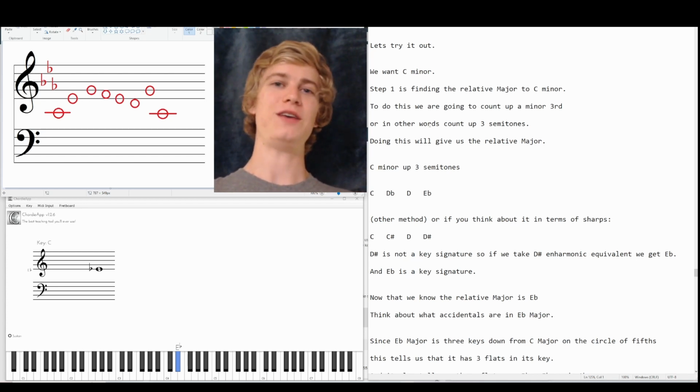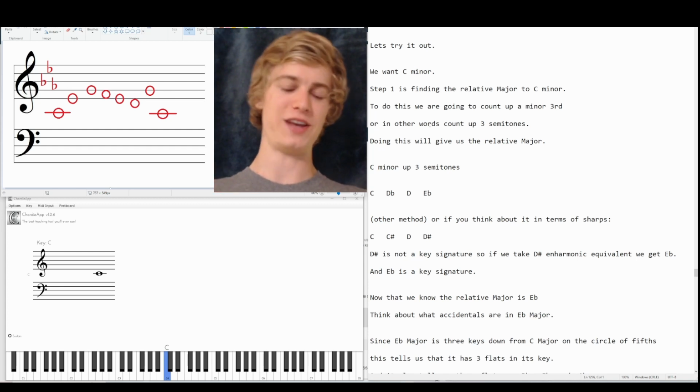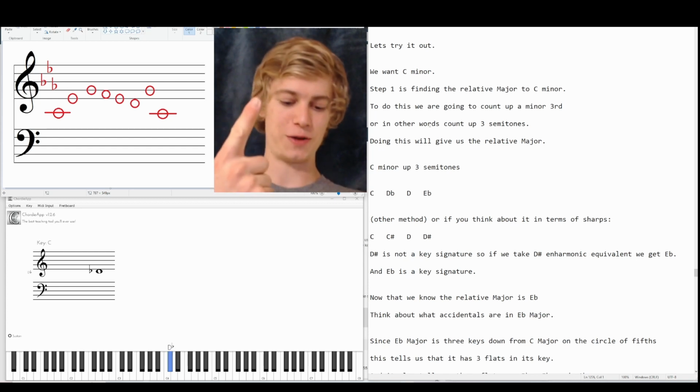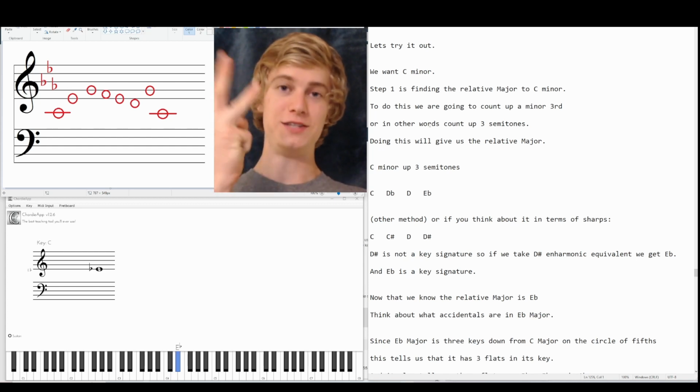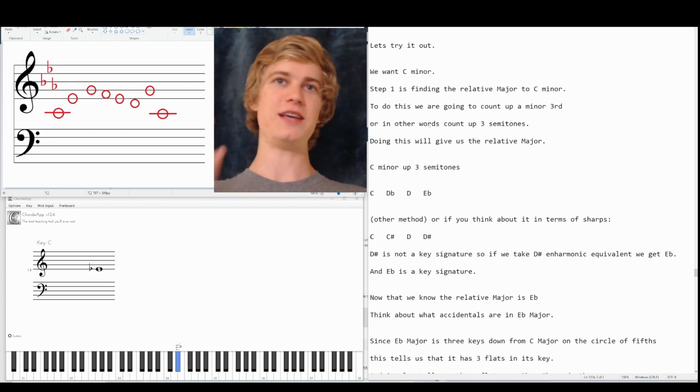And I'm calling it E flat because let's instead think about it in sharps. So I'll say the sharps out loud as I'm doing this. I'll do C, and now I'm going to count up 3 after this. C sharp, D, D sharp. Well, the problem with that is D sharp is not a key signature.